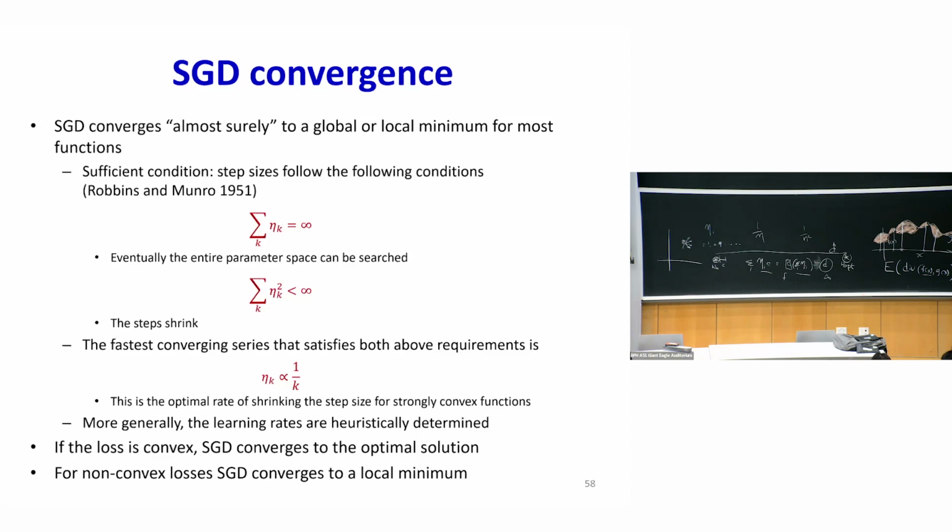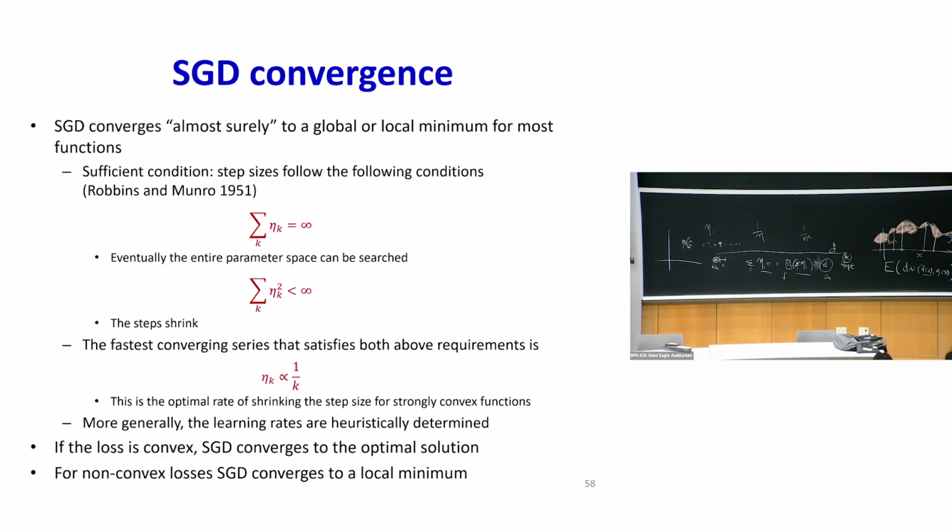There's a very nice paper on this. And so if the loss is convex, if you follow these properties, the stochastic gradient descent algorithm will converge to the optimum. For non-convex functions, it's going to get to a local optimum. And in fact, all of the learning rate schedulers that you have when you work on your homeworks are going to have this property that in the limit, they are going to sum to infinity, absolutely divergent, but square summable.